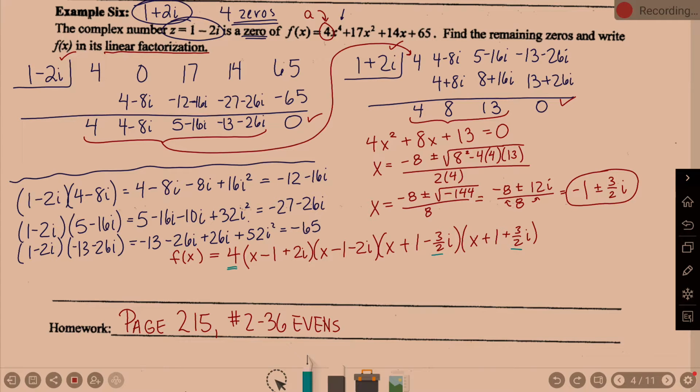And so what you will see them do is they're going to take this 4 and distribute it to these other parentheses. First of all, they're going to distribute a 2 to this parenthesis, and then they're going to distribute a 2 to this parenthesis. And note, 2 times 2 is 4.